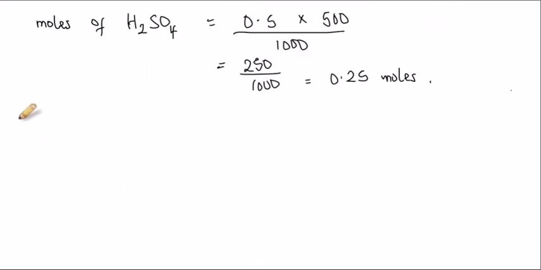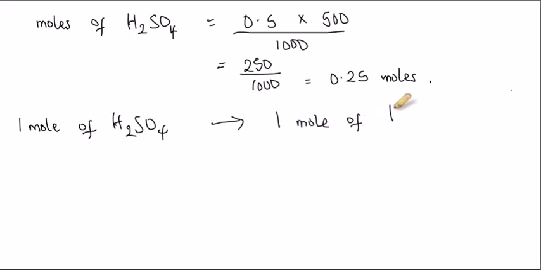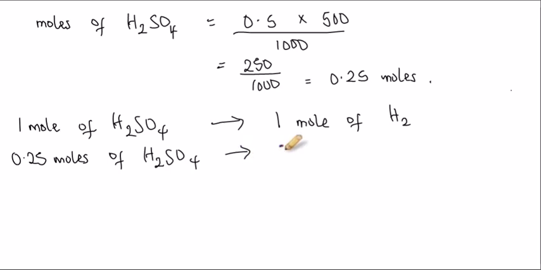Let's proceed. 1 mole of H2SO4 liberated 1 mole of hydrogen gas, then 0.25 moles of H2SO4 will liberate x moles of hydrogen gas.